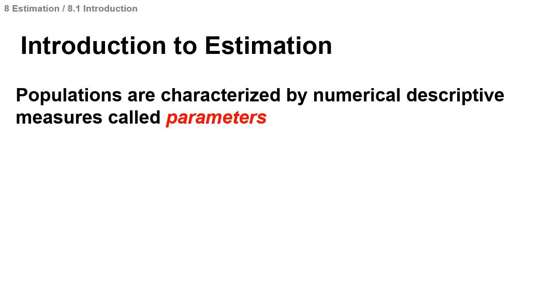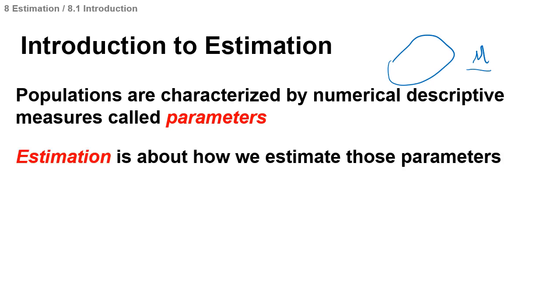For example, for a population, the population mean mu characterizes the characteristics of this population. And estimation is about how we estimate those parameters.